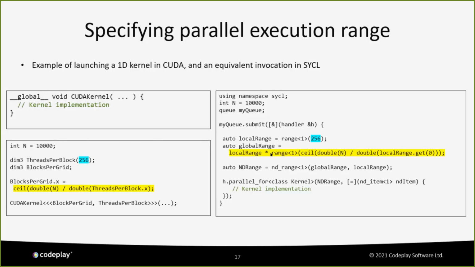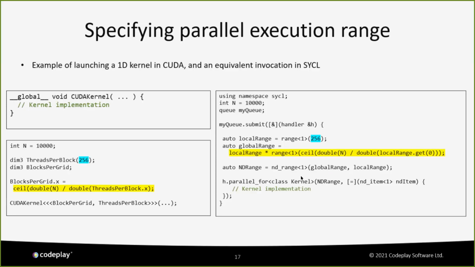On the SYCL side, we define the local range. This is a one-dimensional range. This is the template parameter one. And you can see here the calculation to get the global range.